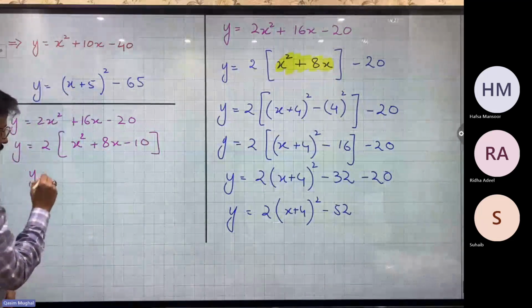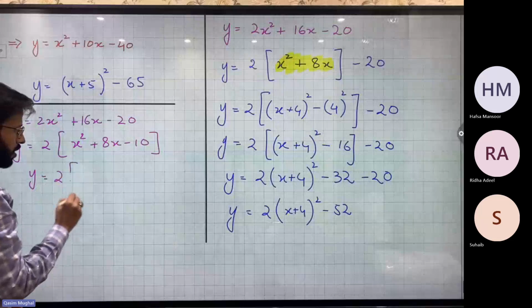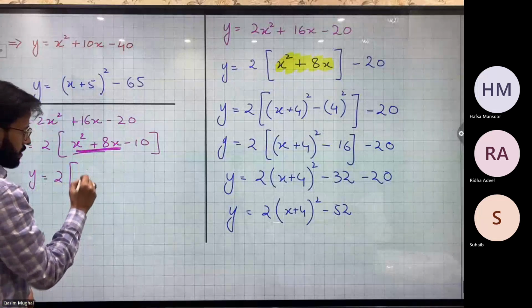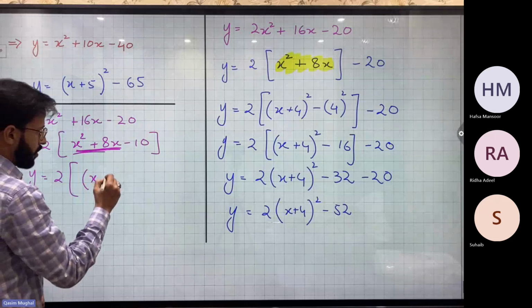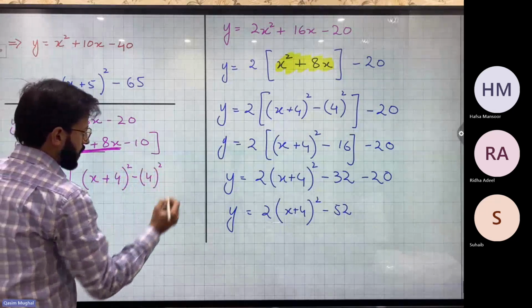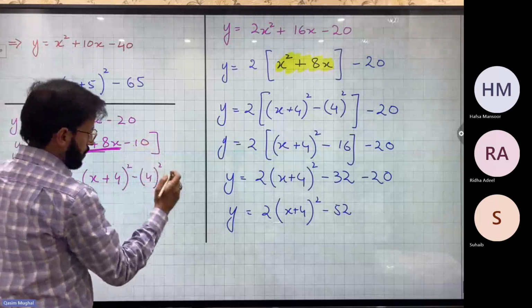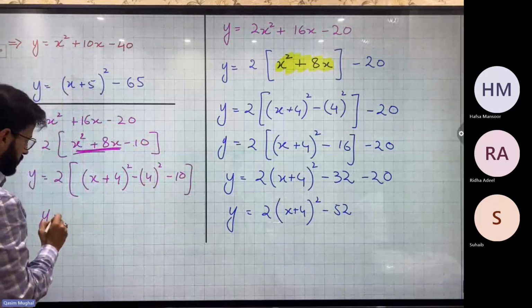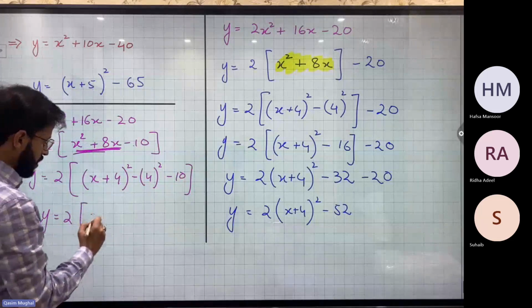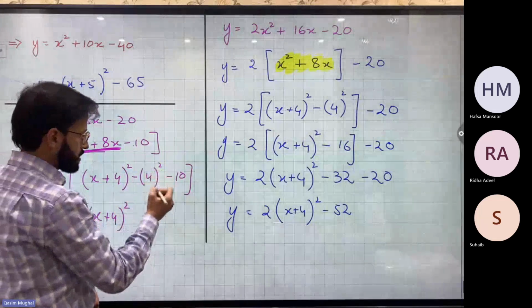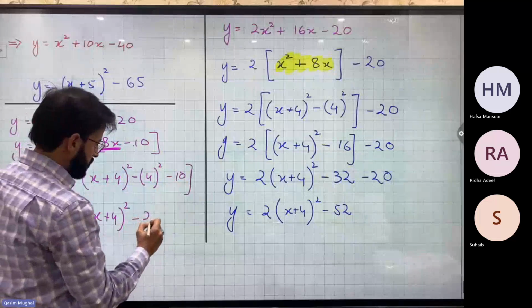So y equals 2. Apply the completing square on the first 2 terms. Okay, x plus 4 whole squared minus 4 squared, and then this 10 will carry it along as it is. And then y equals 2 x plus 4 whole squared minus 16, and minus 10 is minus 26.